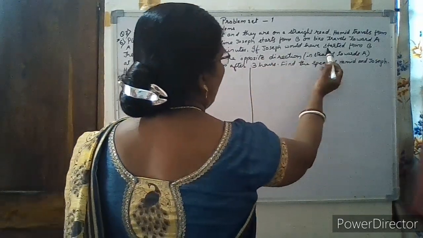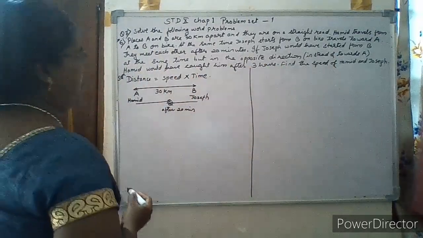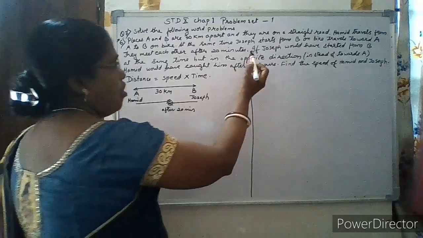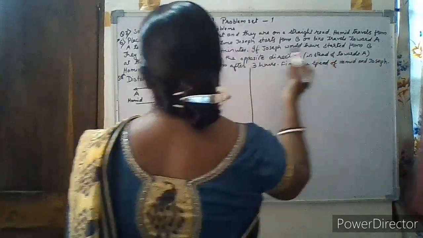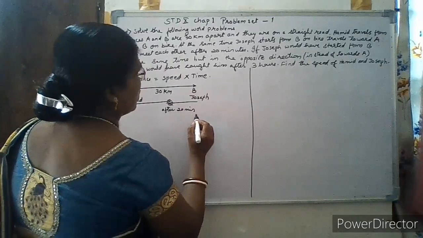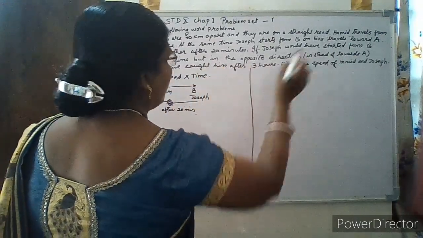If Joseph would have started from B at the same time. Now Joseph started from B only at the same time but in the opposite direction.